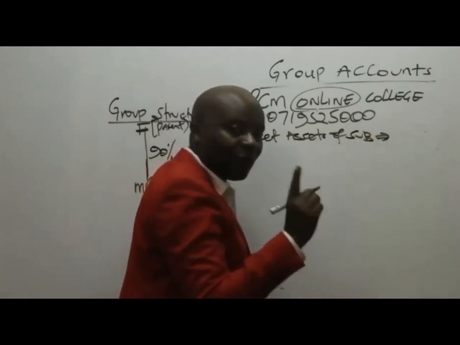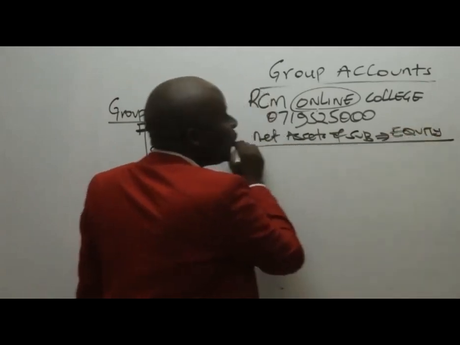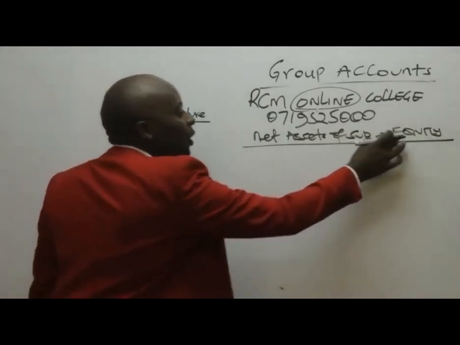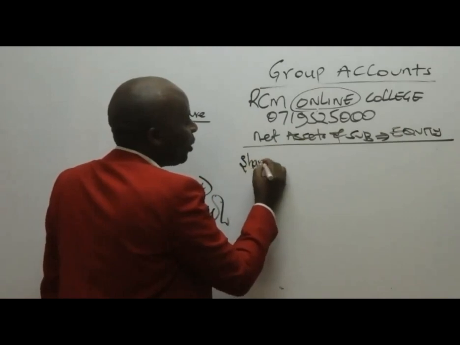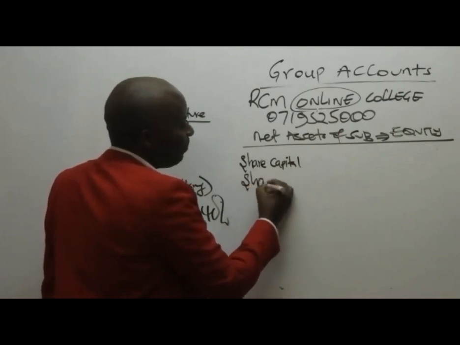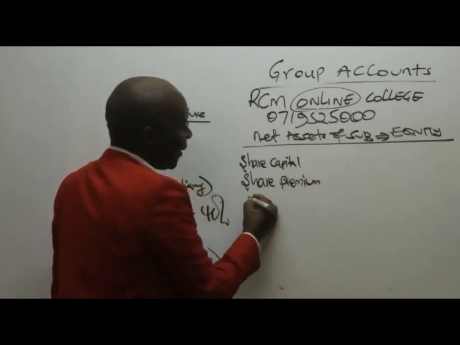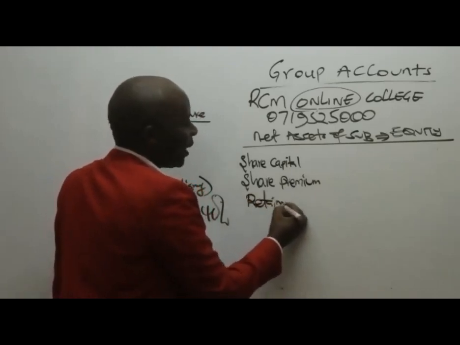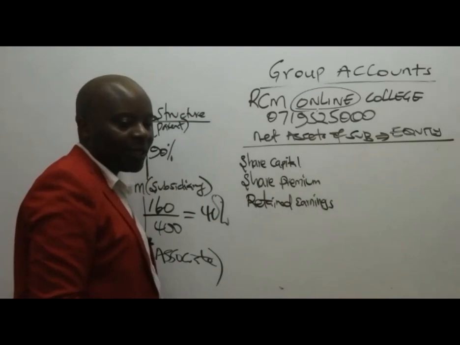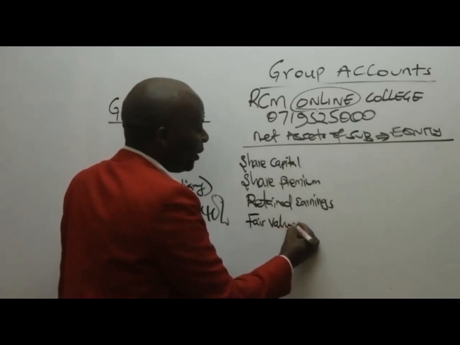Net assets, if you remember from our previous sessions, we always look at from our equity perspective. So give us the equity components of the subsidiary. When we talk of equity, we are looking at the share capital, the share premium, retained earnings, and of course any fair value adjustments.